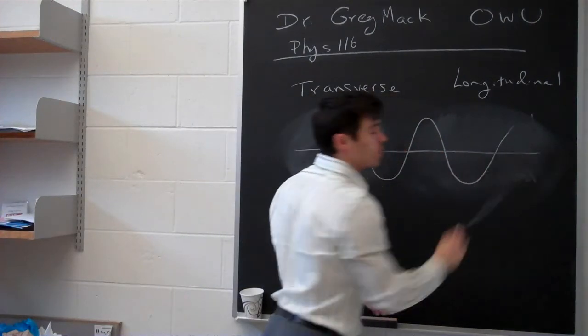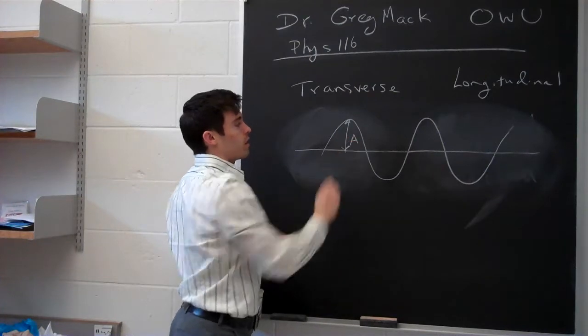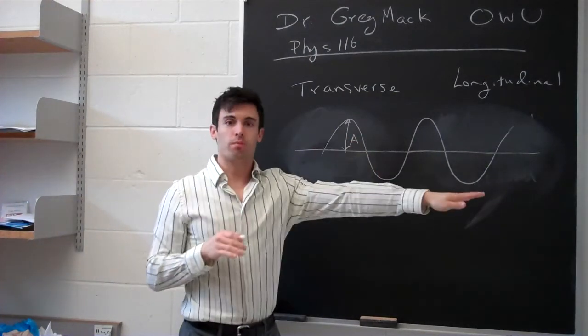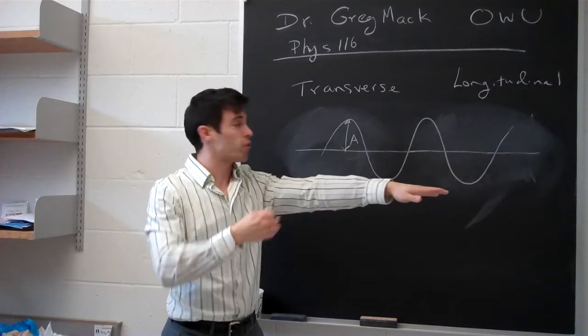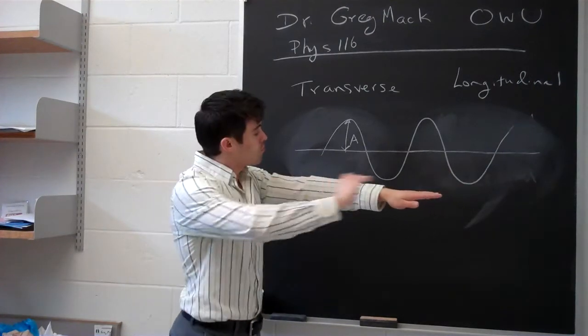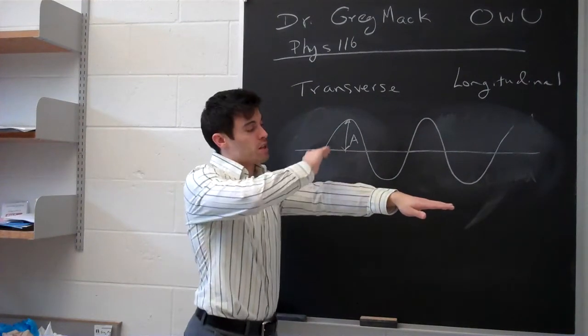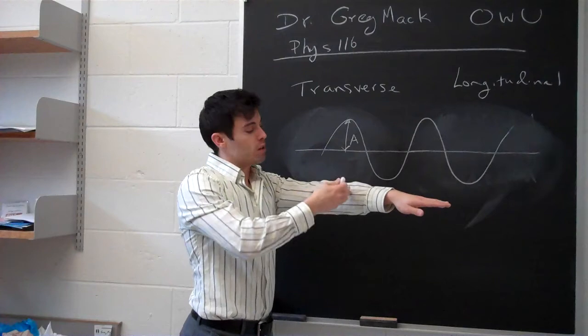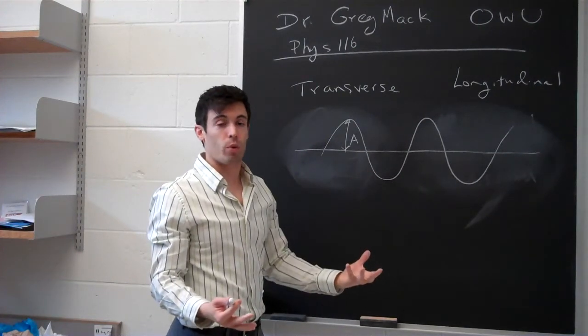So the amplitude would be the maximum displacement from equilibrium. So if there were no wave going through this string, for example, then it would be just straight across. Otherwise, as the wave goes, it goes up to a maximum point, and then goes down to that minimum point, and that would be the amplitude of your wave.